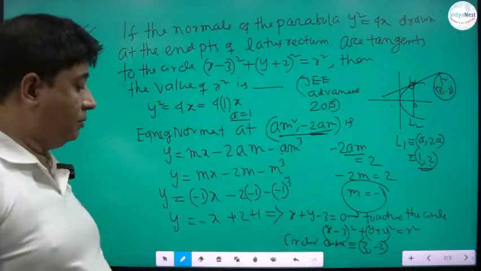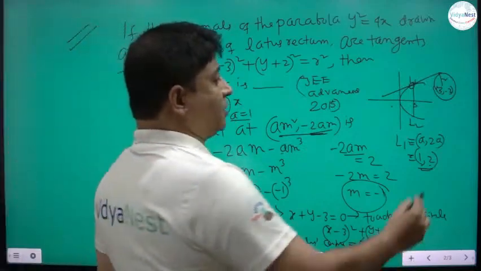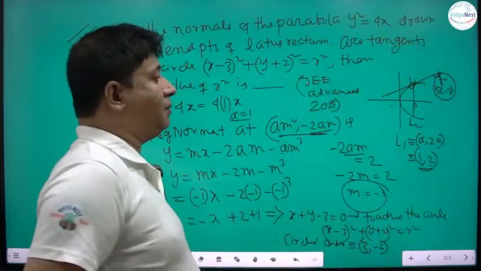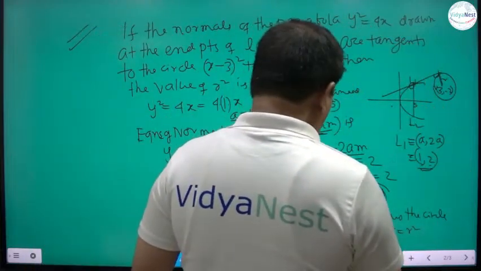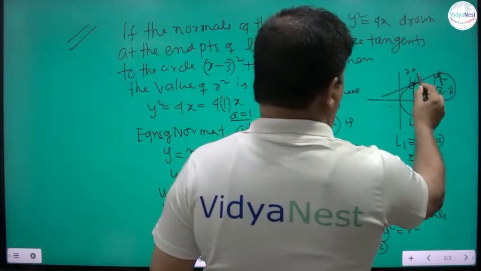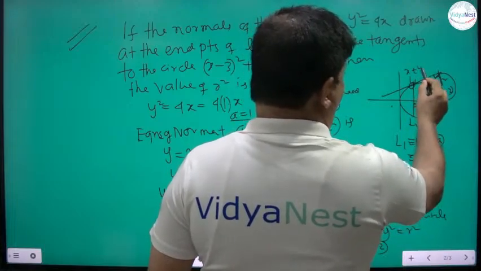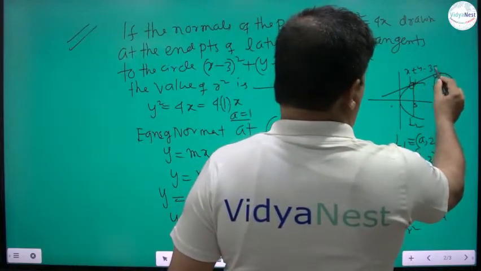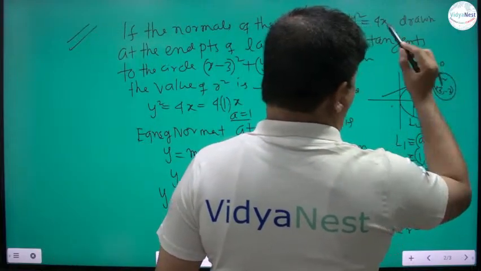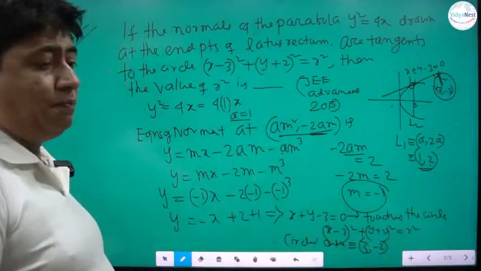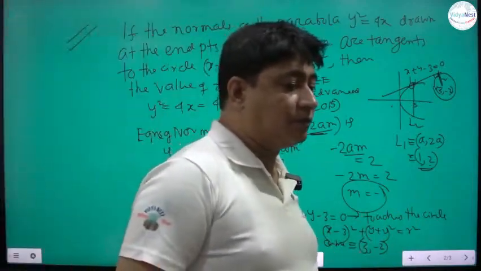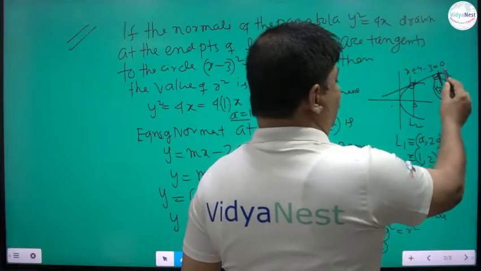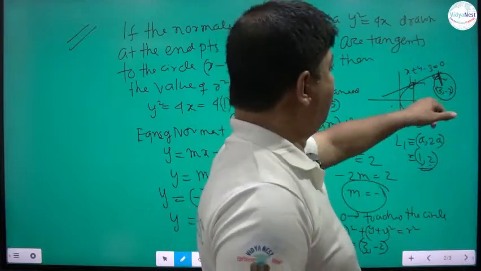Now, from (3, minus 2), if I find the perpendicular distance to the tangent, tangent meaning that normal drawn at one of the extremities of the latus rectum, and we know radius and tangent are perpendicular, so that perpendicular distance will give us the length of the radius.